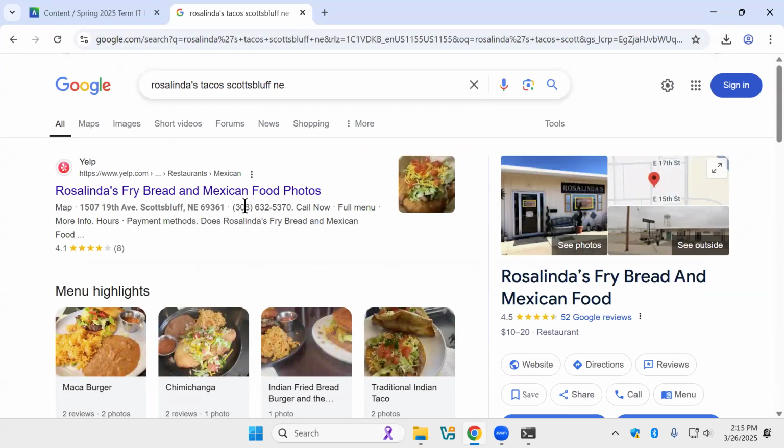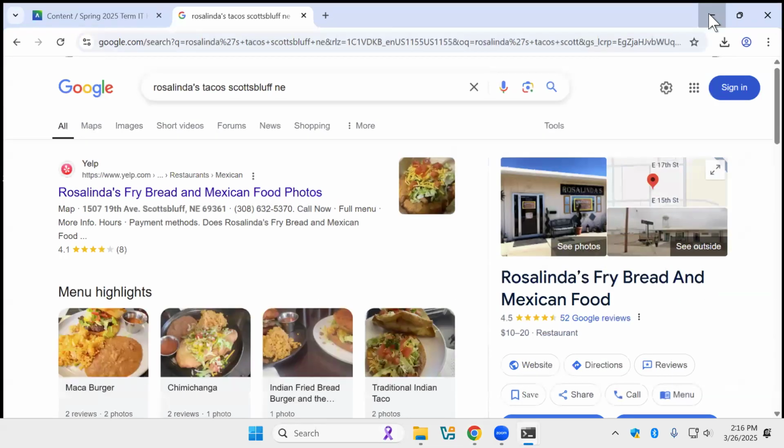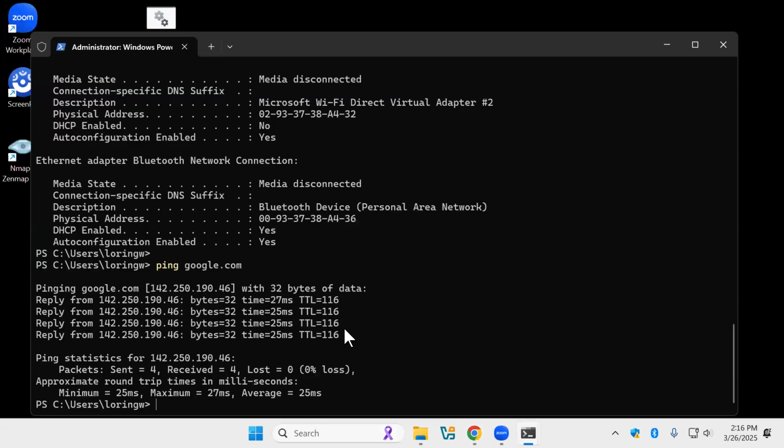They Google it. Oh, there it is. They make really good tacos. We had some yesterday, which was making me think about it. Indian fried bread. Yeah, like fried, yeah. Or like a flat taco. Anyway, that's what we do now. Nobody uses a phone book. Not anybody that I know of. But they still publish them.